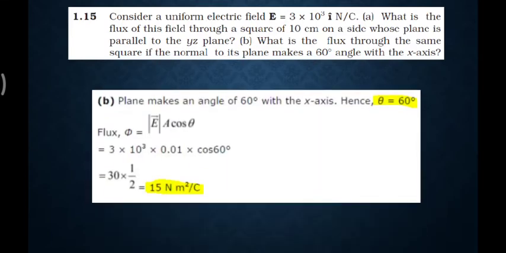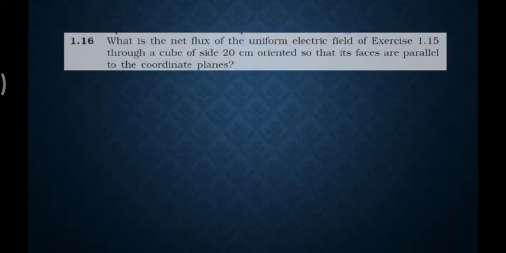So let's go for the calculation: 3 into 10 to the power 3, 0.01, cos 60. What is cos 60? Cos 60 is 1 by 2, and then the calculation gives 15 Newton meter square per coulomb. Okay, easy.